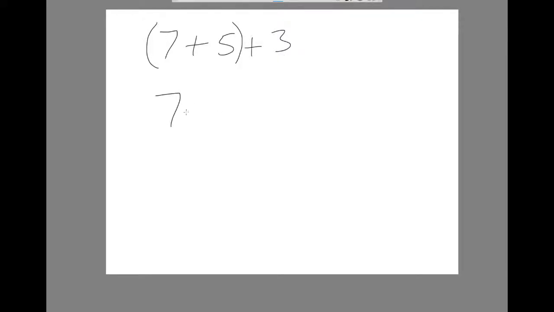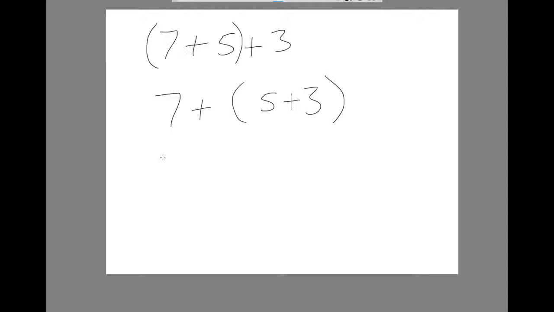Well, we could rewrite this as 7 plus 5 plus 3. And the associative property of addition tells us that we can do this. We've changed the order of operations. We've changed the order in which things will be added together. So that's the associative property of addition.